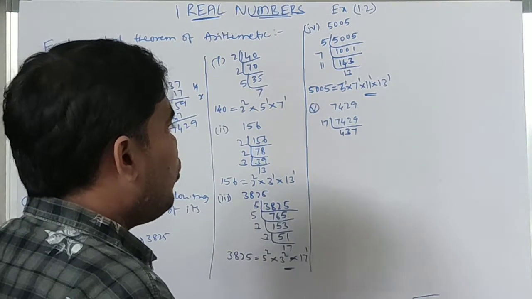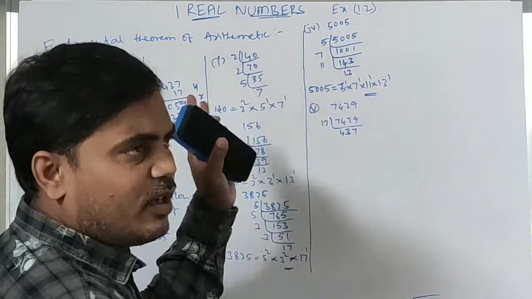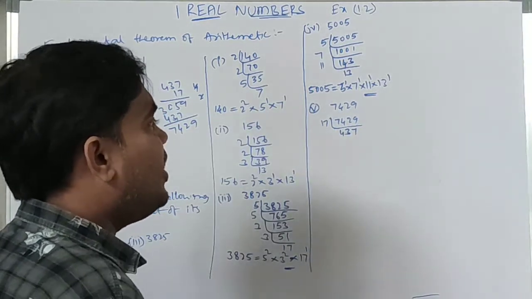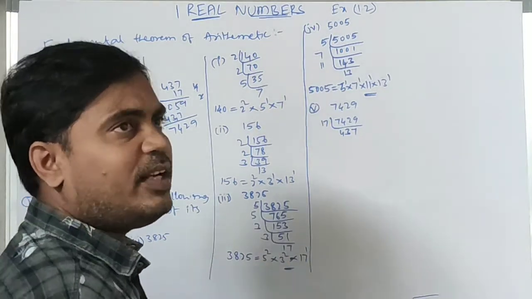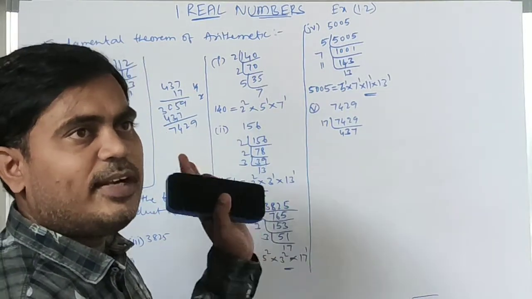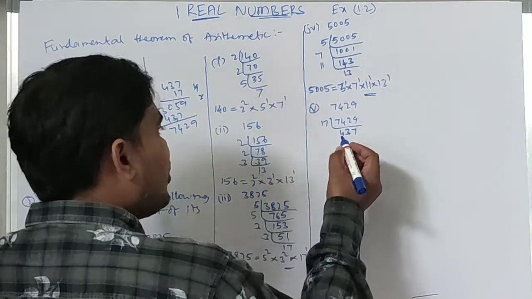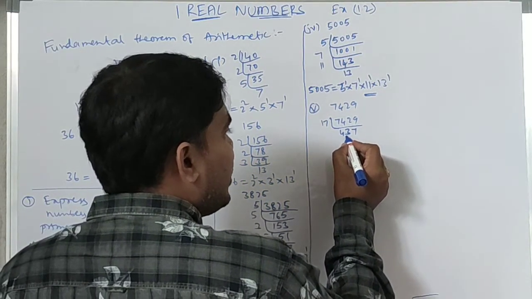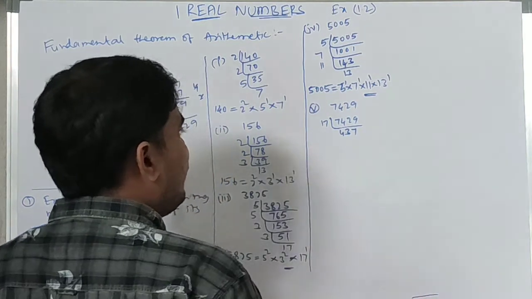Now 437: before 17, whatever the prime, it won't be divisible. So 437 won't be divisible by any prime less than 17. Already we checked up to 17, and 17 into 437 won't be divisible.